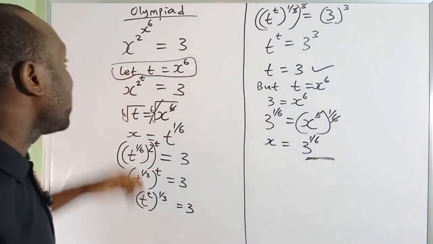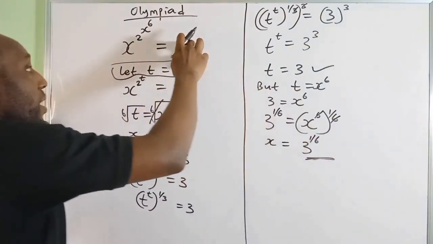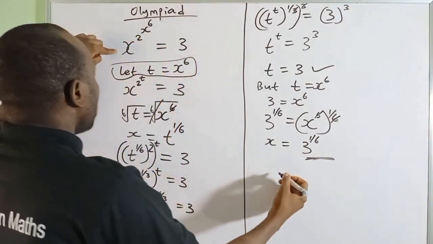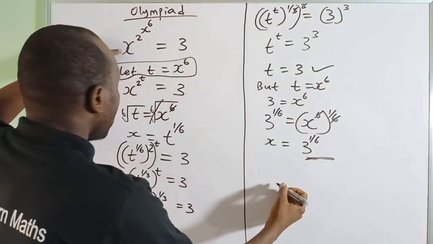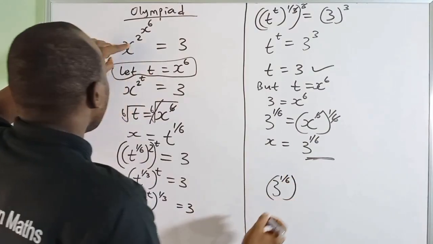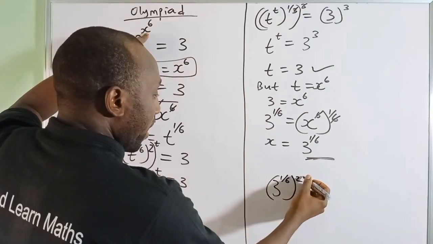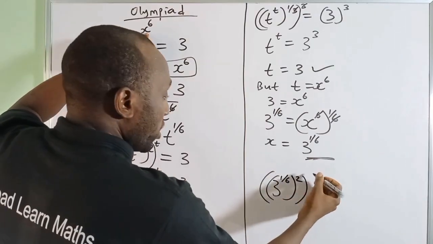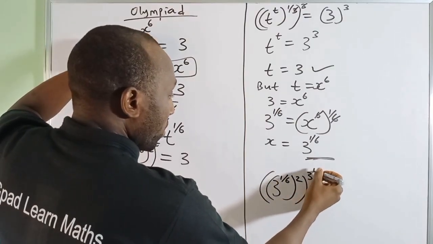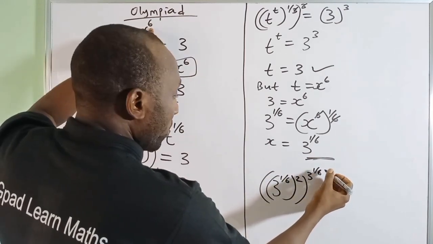But let's do a quick check. Let's see if we put x equal to 3 raised to the power of 1 over 6, we're going to get 3. Let's try it out here. So this is x, which is 3 raised to the power of 1 over 6, then times 2. All right, then x here, again, x is equal to 3 raised to the power of 1 over 6, then raised to the power of what? 6.